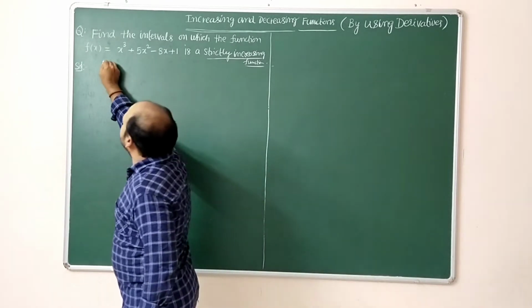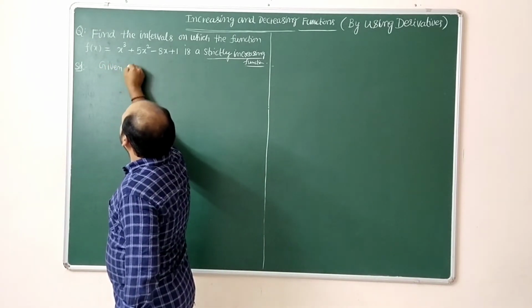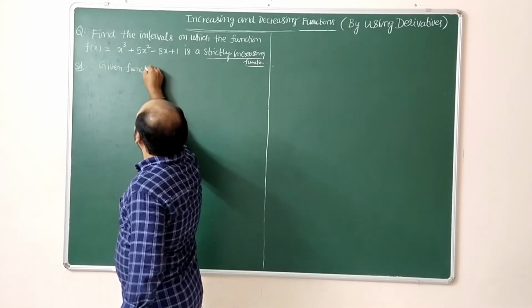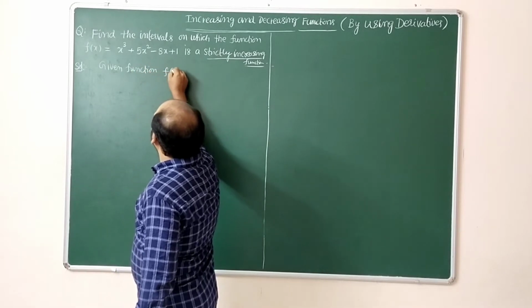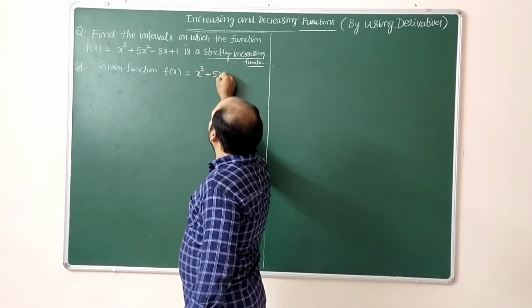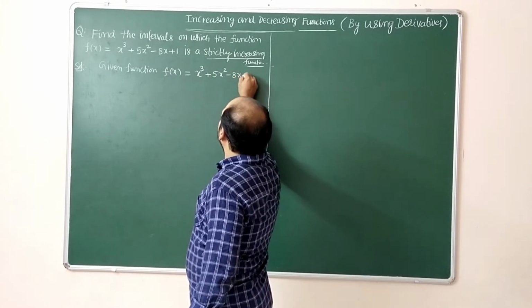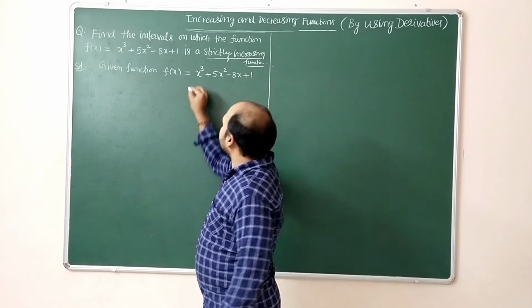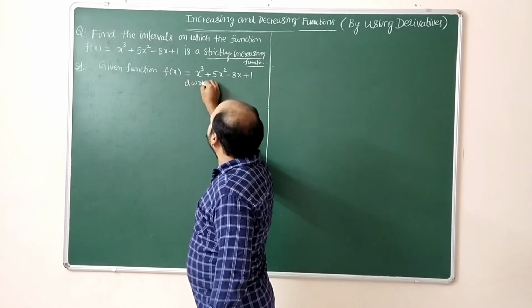So first, given function f of x is equal to x cube plus 5x square minus 8x plus 1. Differentiate with respect to x.